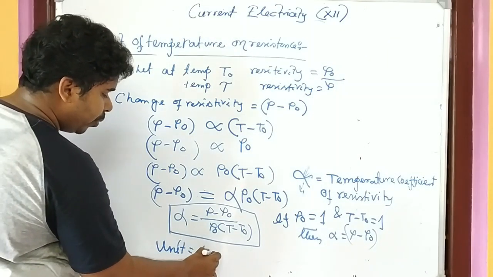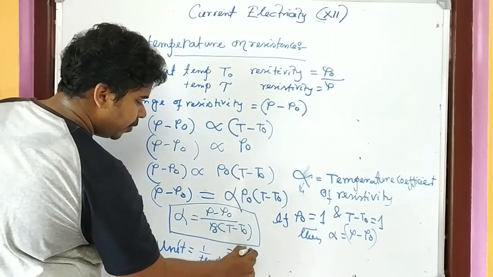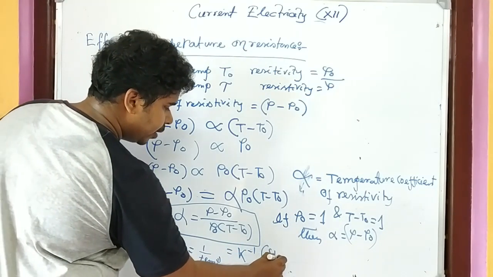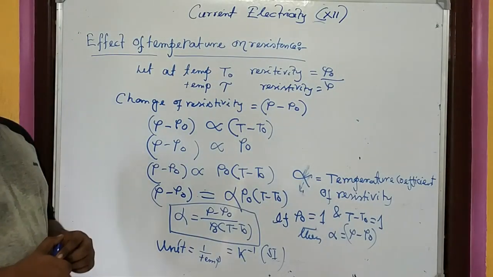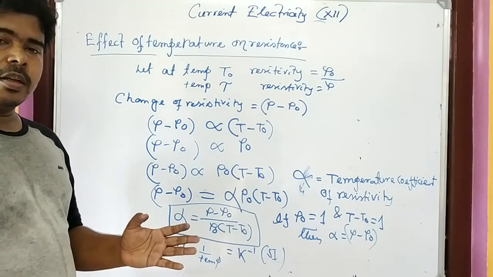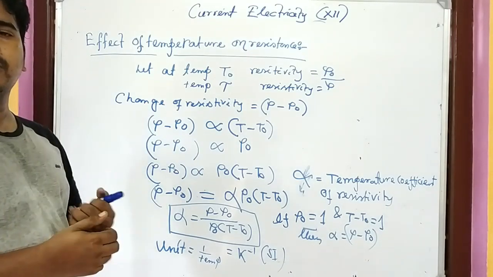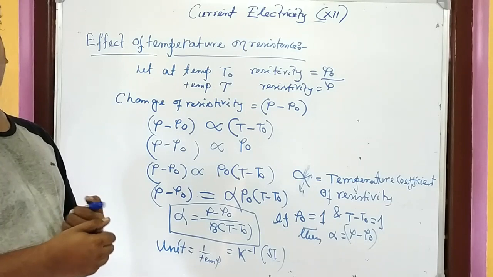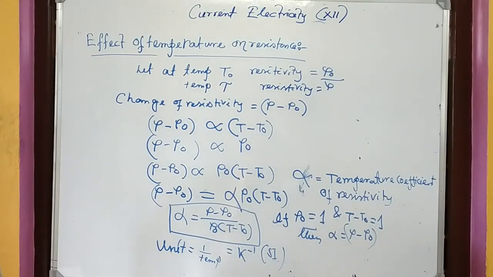It will be 1 by temperature difference, that means Kelvin inverse in SI, just like the coefficients of expansion of length, area, and volume, alpha, beta, gamma, that we learned in class 11.